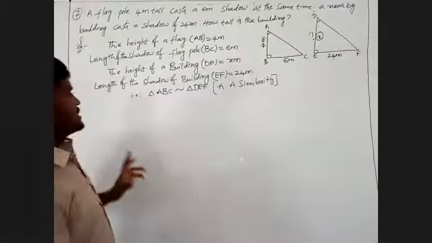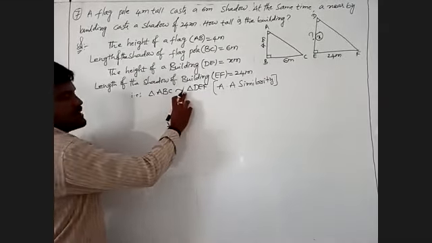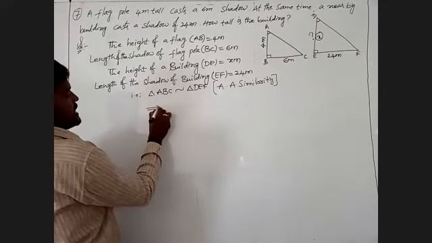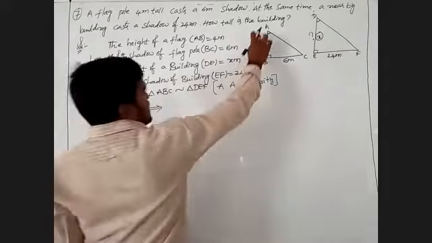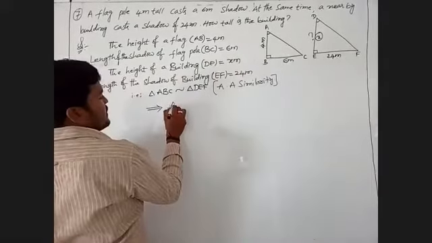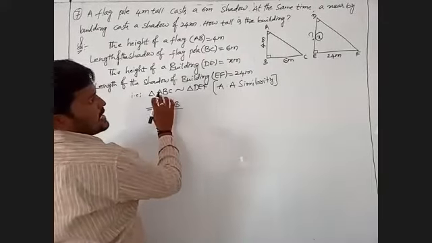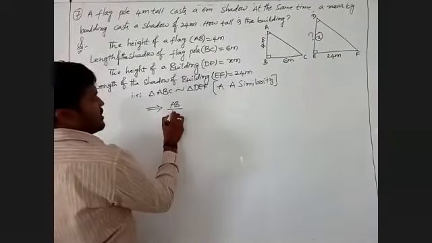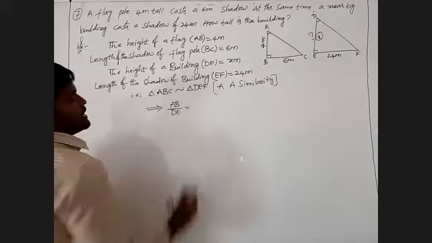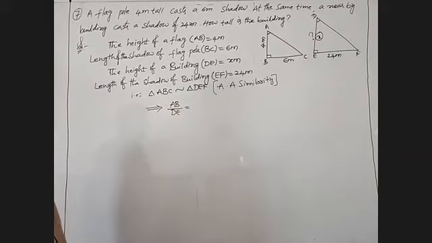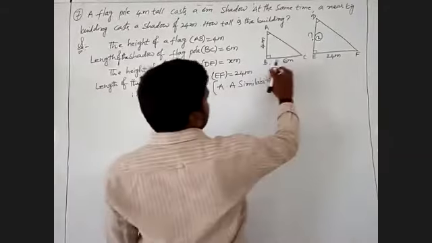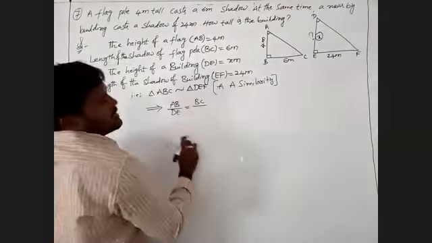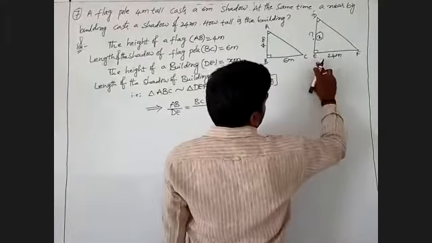Triangle ABC is similar to triangle DEF, so we have to write their corresponding sides. AB is the corresponding side of triangle ABC, and DE is the corresponding side of triangle DEF. AB by DE is equal to BC by EF, where BC is the other corresponding side of triangle ABC and EF is that of triangle DEF.